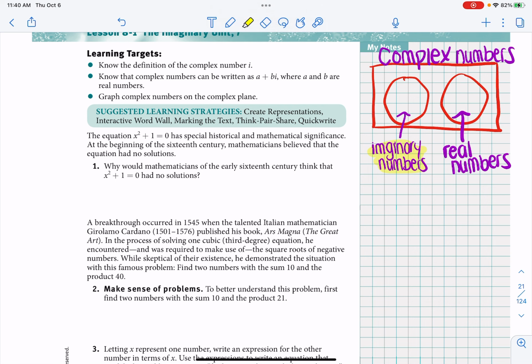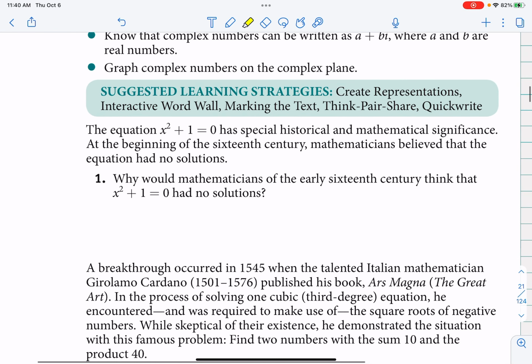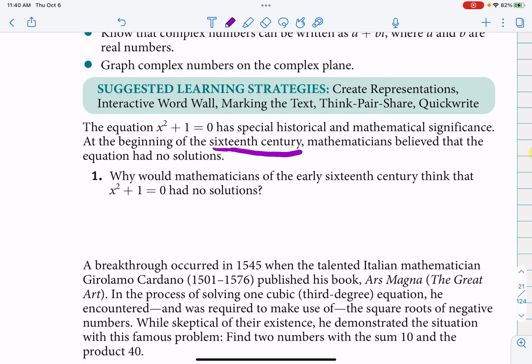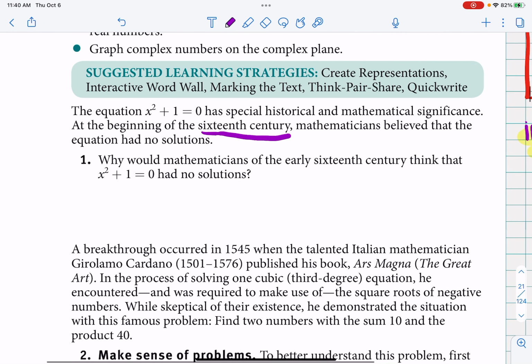Okay, so I'm going to give a little history lesson. Basically, when we were talking about real numbers, we came upon the issue that x squared plus 1 equals 0 has special mathematical significance. At the beginning of the 16th century, so a long time ago, mathematicians believed that this equation had no solution.